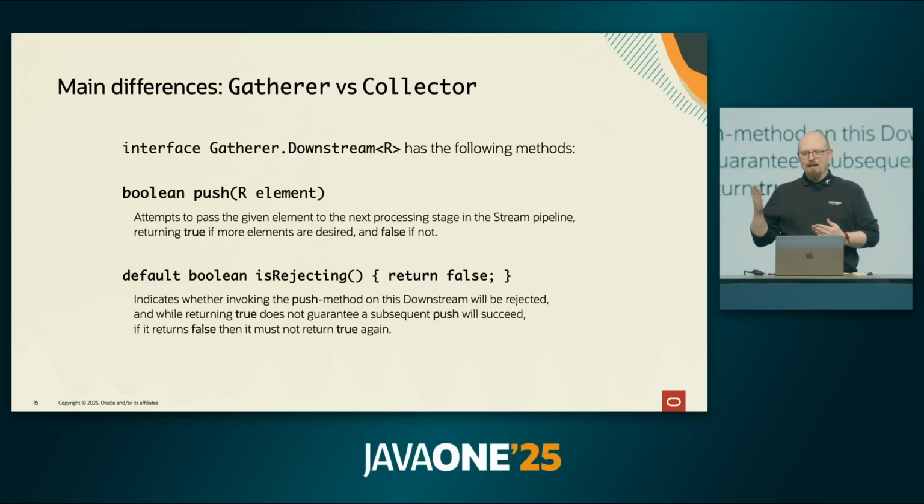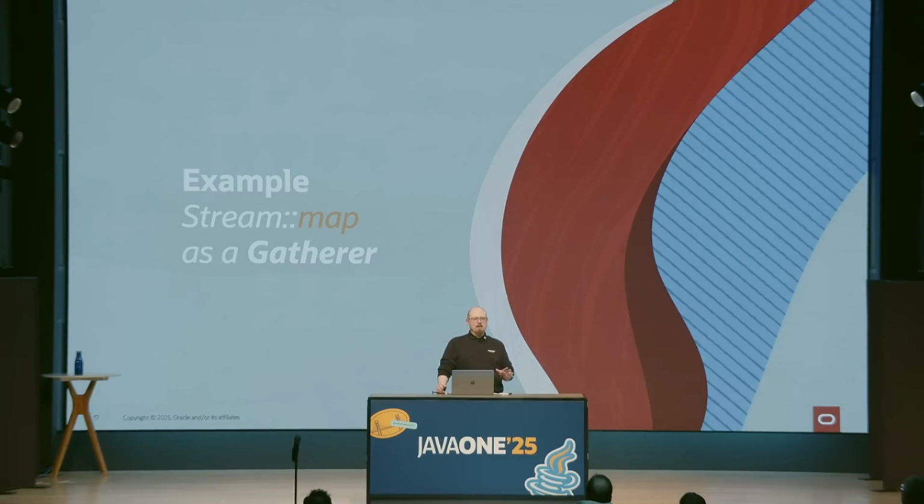But if the downstream doesn't want any elements at the end of the stream, you don't even need to try to push the entire thing downstream. So it allows you to avoid some unnecessary work. All right, so that's the overall gist.